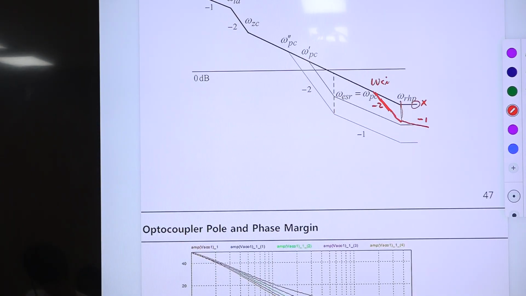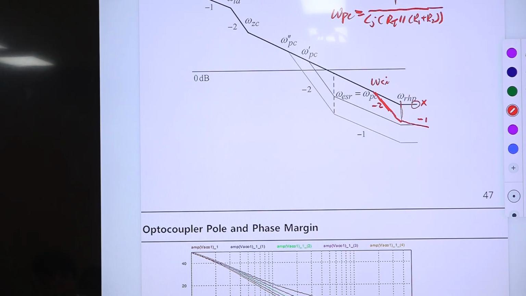And this pole, the omega PC expression, is Cj, RT in parallel with R1 plus R2. All of these three resistances are determined by the IC designer.